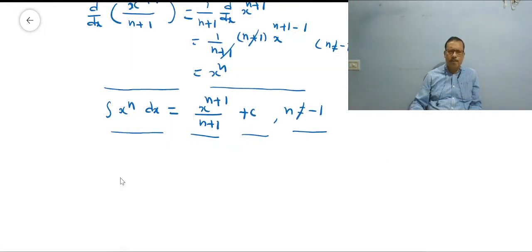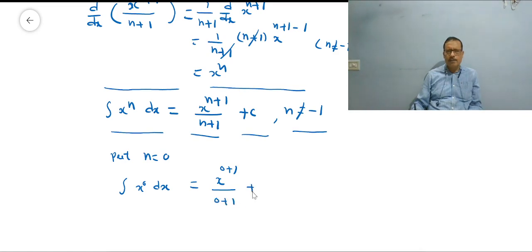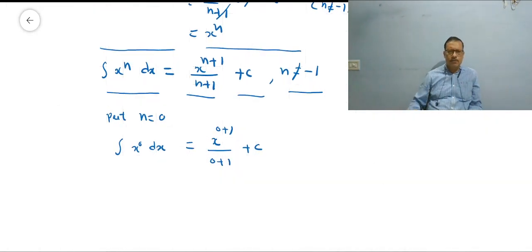So in this formula, we put n is equal to 0. What will we get? The integral of x to the power of 0 dx is equal to x to the power of 0 plus 1 by 0 plus 1 plus constant. Now x to the power of 0 is equal to 1, here x is not equal to 0.